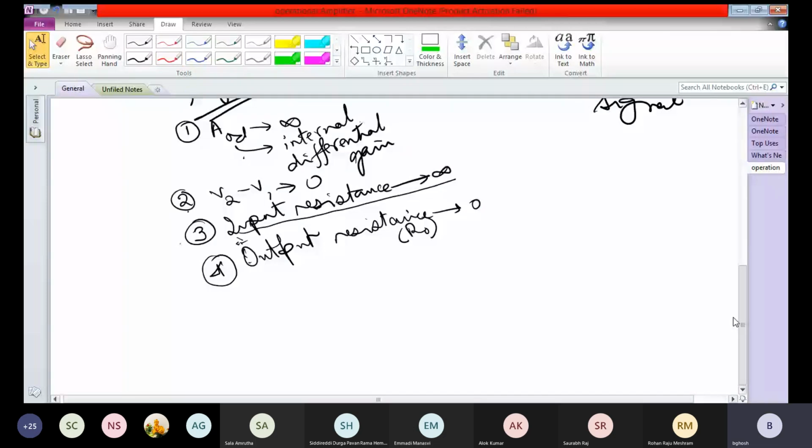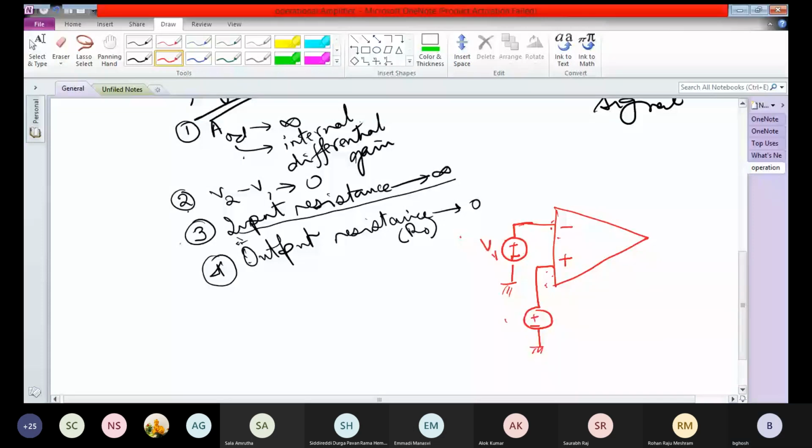Let us not clutter up this figure. Let me draw more. And this is my output.